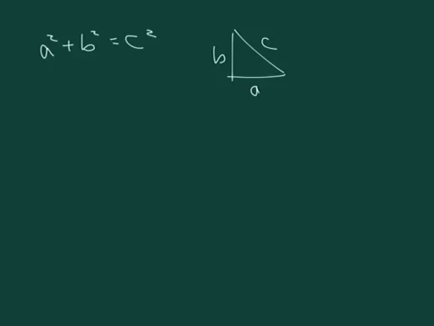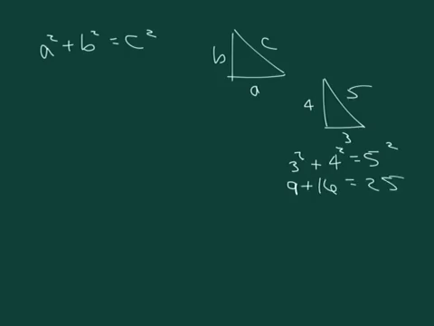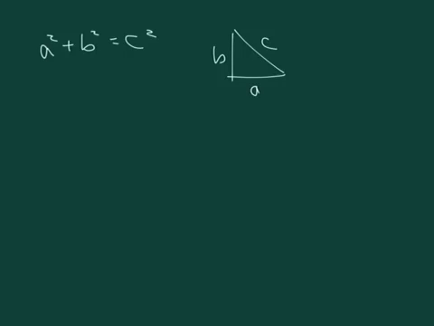So for instance, if I have what's called a 3, 4, 5 triangle, what Pythagorean says is one side squared plus the other side squared equals the hypotenuse squared. So this is going to be 9 plus 16 equals 25, and that's a true statement. Given that bit of information, we can solve a lot of problems, except world peace.